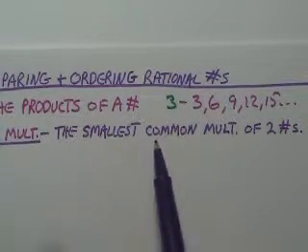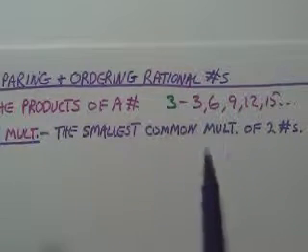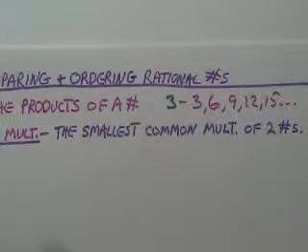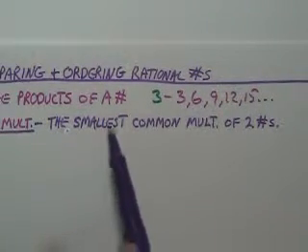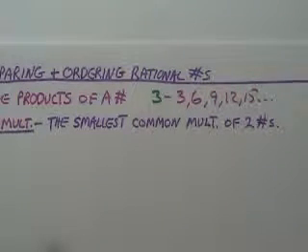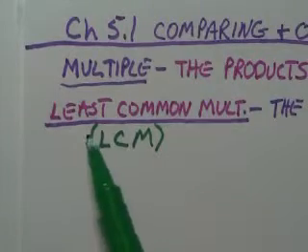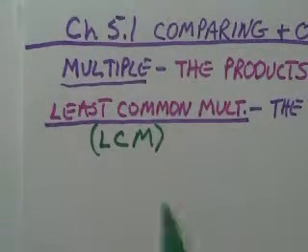It's the smallest common multiple of two numbers. And we usually abbreviate it like this, LCM, least common multiple.